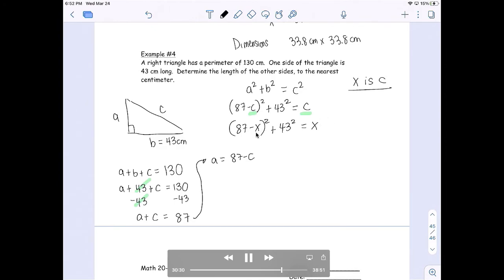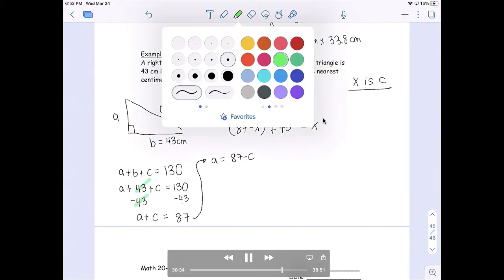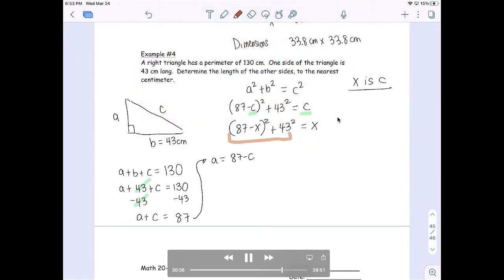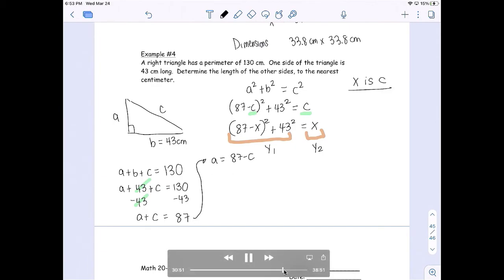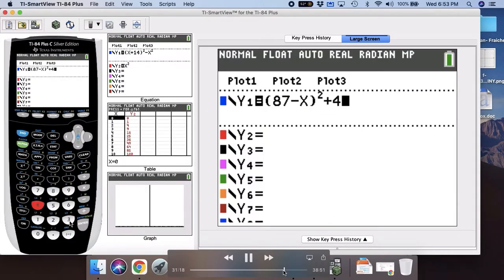We need to remember that we're going to use x's in our calculator, so don't forget that little 2 there. You'll see I'll put it eventually. So when I write in my equation, I put the left side into y1, the right side into y2. So this is the left side going to y1, which is your a squared plus b squared.